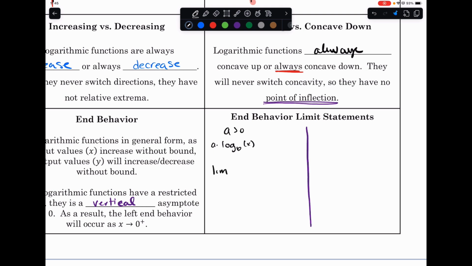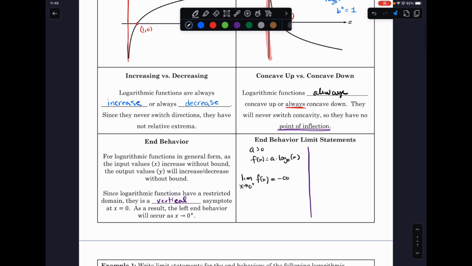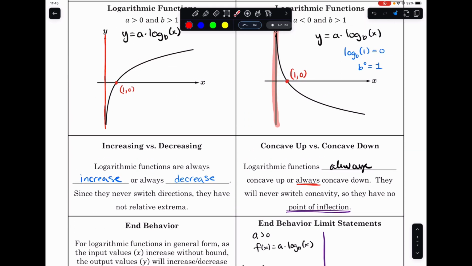The left-hand behavior, where the vertical asymptote is located, so as x is approaching 0, that vertical asymptote, to this function f of x, the left end is going to be approaching negative infinity. Let me zoom out. As you see right here on this left value, the left end is going downwards. It's never going to cross this vertical asymptote, but the y values are going to keep on decreasing without bound.